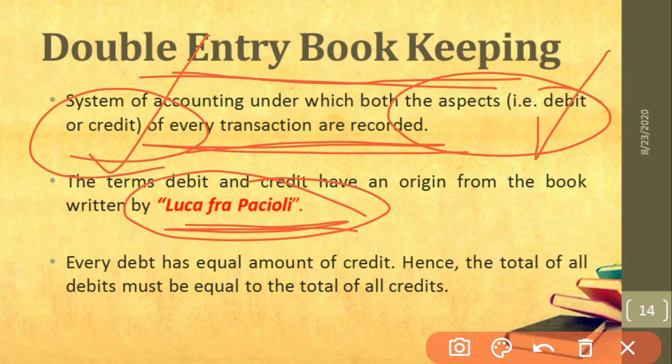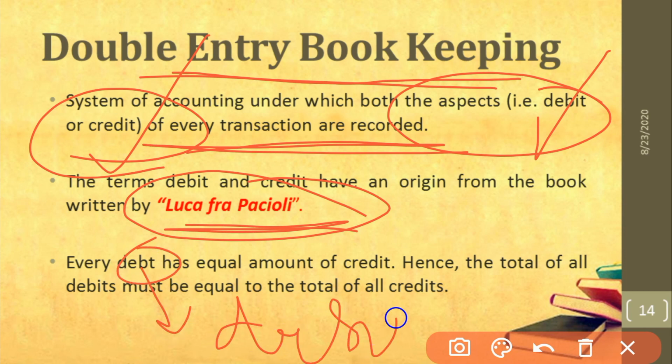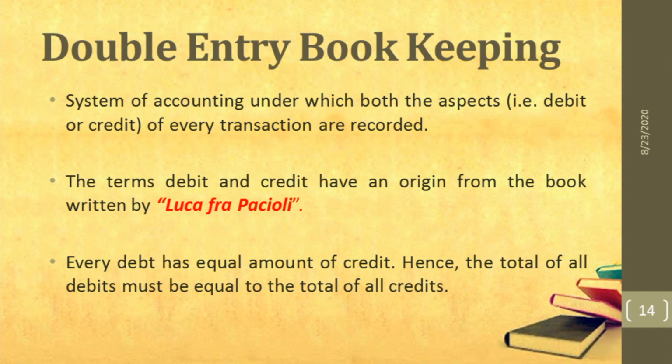This question can also come in the exams. So every debit has an equal amount of credit, hence the total of all the debits must be equal to the total of all the credits. In the next slide you will be able to understand better.